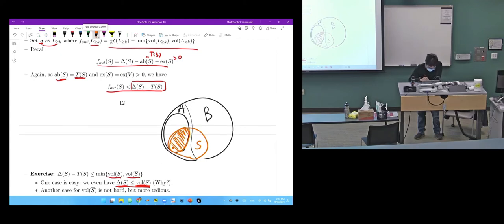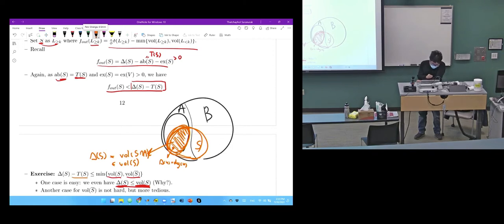But the source of each of these nodes is its degree. So the total source from S is really just the volume of S intersect A, which is at most the volume of S. Okay.